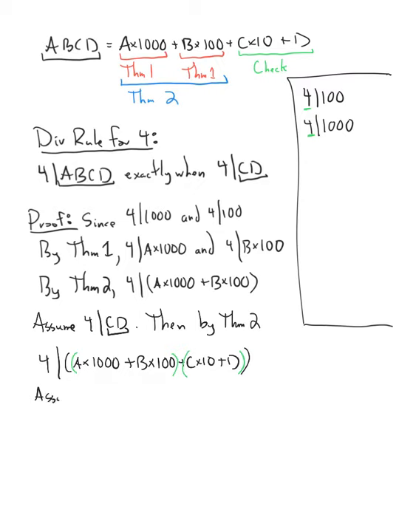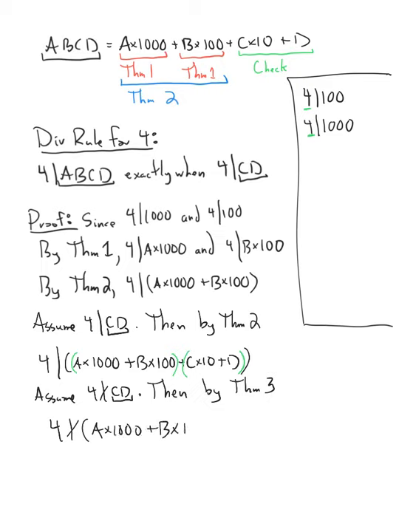And let's now assume that 4 isn't a factor of that 2-digit number CD. Then Theorem 3 tells us 4 isn't a factor of A times 1,000 plus B times 100 plus C times 10 plus D. I'm bracketing it in the same way.